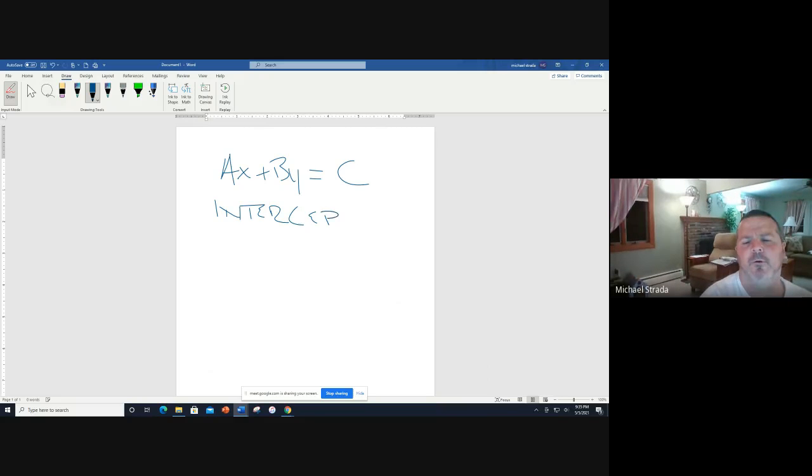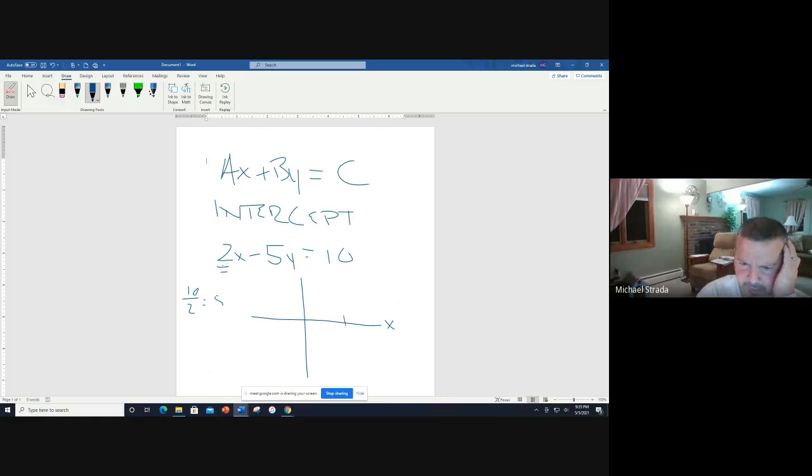What we're going to do is divide c by the coefficient of the variable. So if we have 2x minus 5y equals 10, to get the x-intercept, we take 10 and divide by the coefficient of x, which is 2. So 10 divided by 2 would be 5. So on the x-axis, we're going to plot 5. That would be (5, 0) if we're plotting the point.